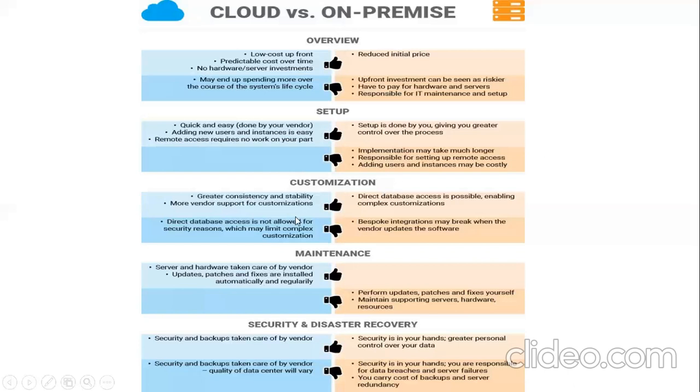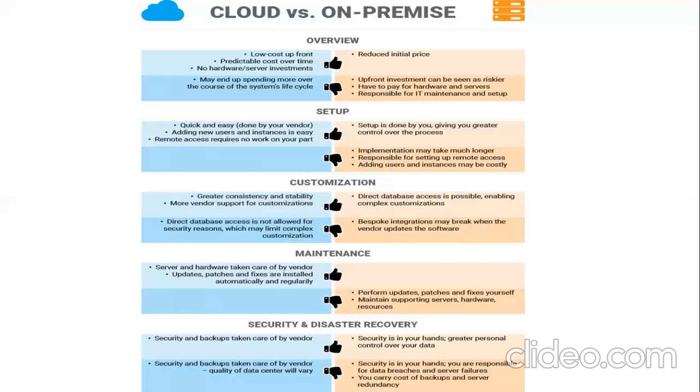Customization. In the case of cloud, there is greater consistency and stability, and more vendor support for customization. We'll end up working more with the vendor, but it's getting better and better every day.